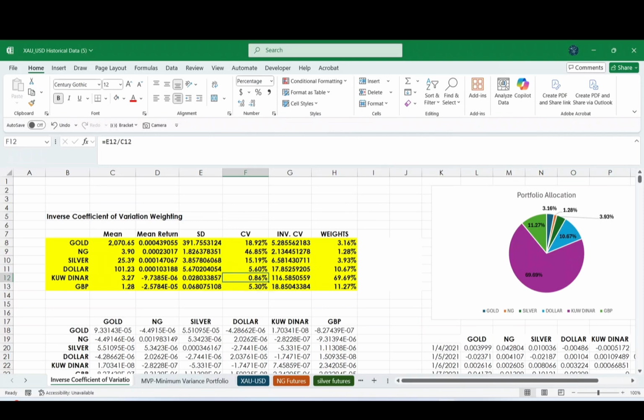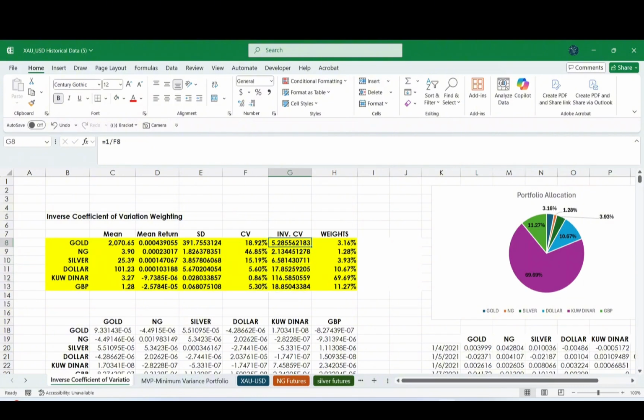So from this simple list, we can tell that the least risky asset is the Kuwait dinar with almost zero variation, 0.86%, less than 1%. It's 6 times more stable than the dollar.